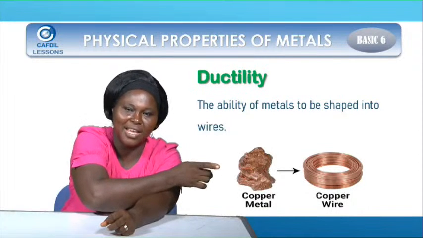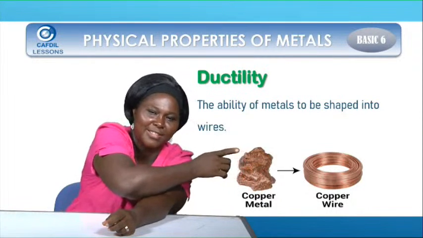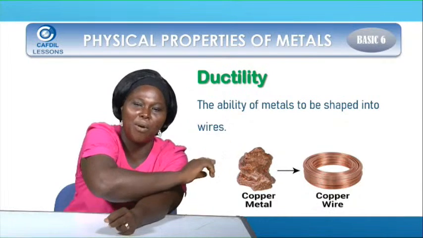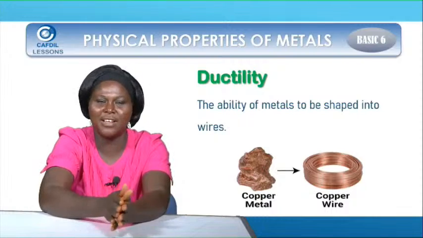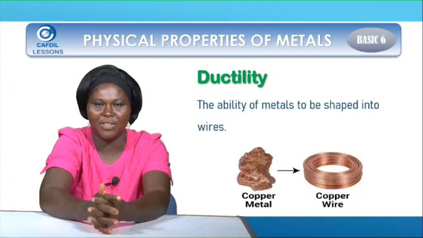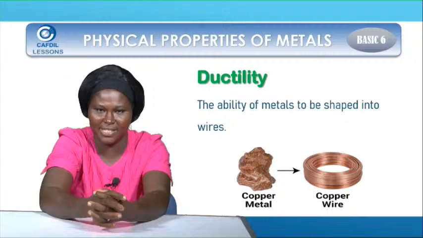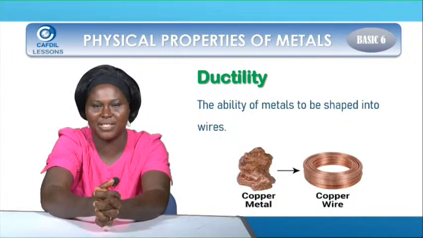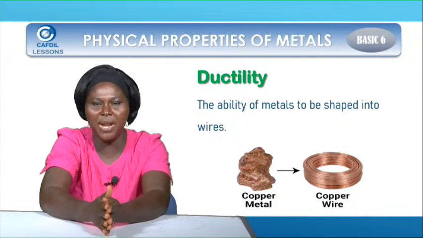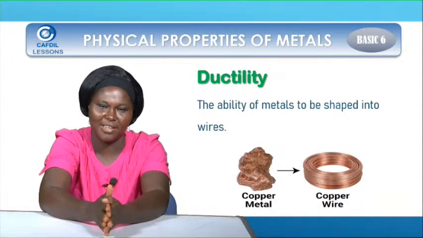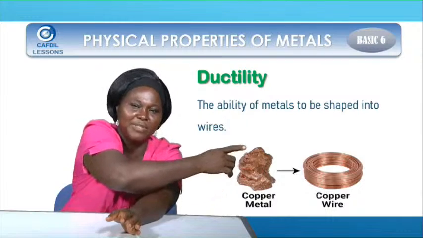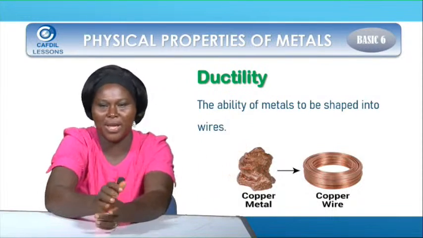It has been shaped into wires, and we have copper wire. We use copper wire to conduct electricity. So this is the property of ductility, the ability of metals to be shaped into wires.